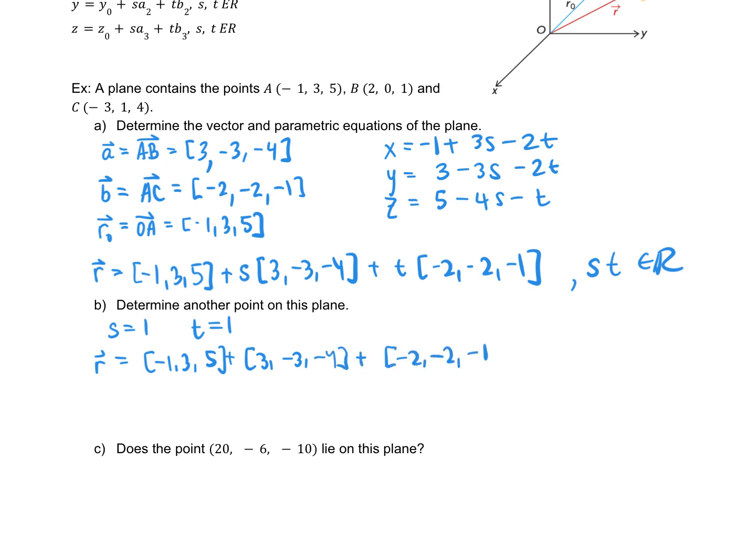And I could also just use the parametric equations if I wanted to. So we'll have -1 plus 3 is 2, 2 minus 2 is 0, 3 plus -3 is 0, minus 2 is -2, 5 minus 4 is 1, 1 minus 1 is 0. Okay, well there you go, there's a point on the plane.